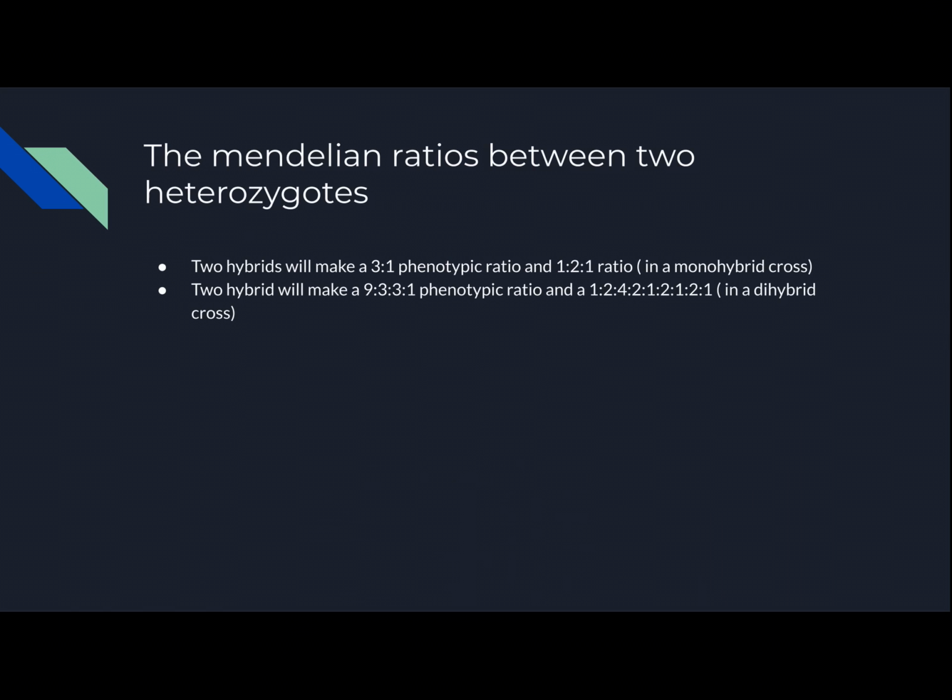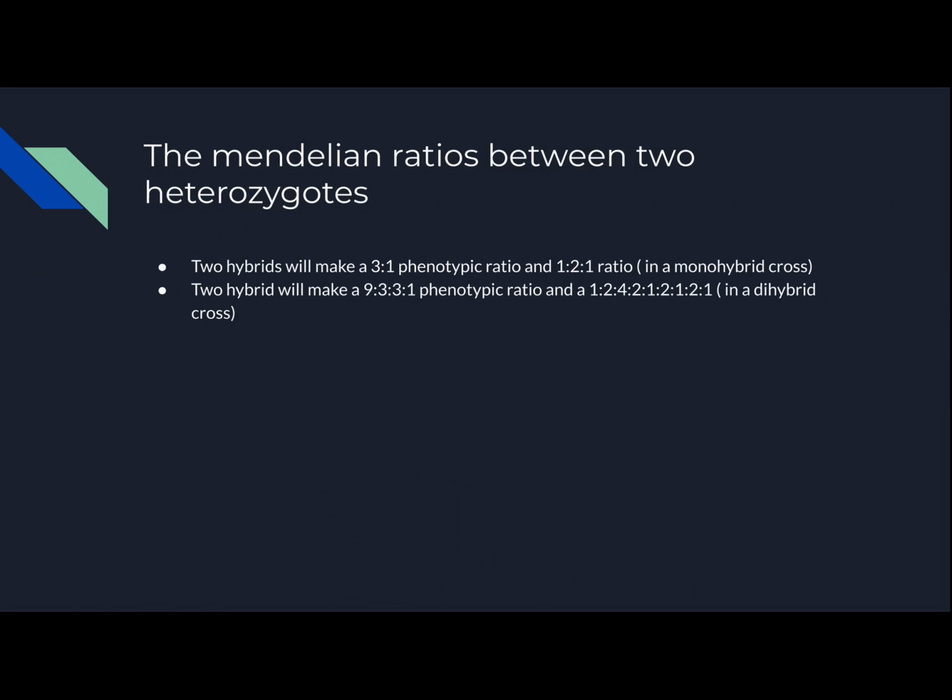In a dihybrid cross, two hybrids will make a 9-to-3-to-3-to-1 phenotypic ratio. So essentially, I'll use an example. When Mendel was breeding plants, this would be 9 yellow round seeds, 3 green round seeds, 3 yellow wrinkled seeds, and 1 wrinkled green seed.